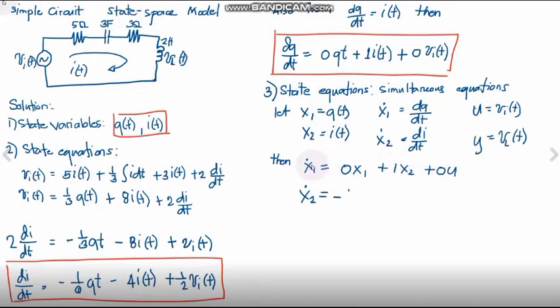We simply converted the variables into a notation. And for x2 dot, that's the equation of di/dt, as we have assigned. So x2 dot will be negative 1/6 x1 minus 4 x2 plus 1/2 u.